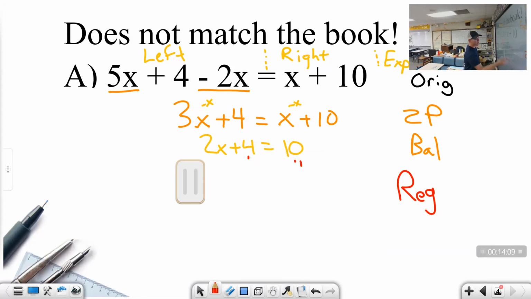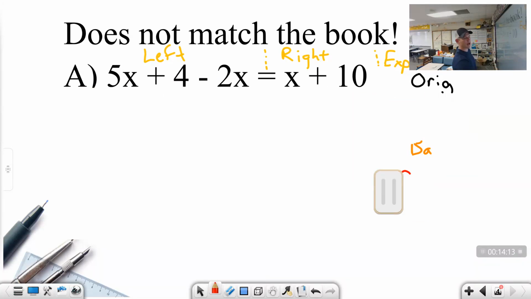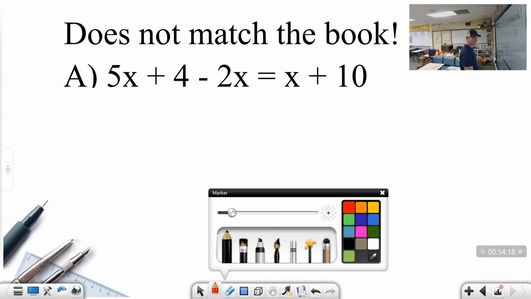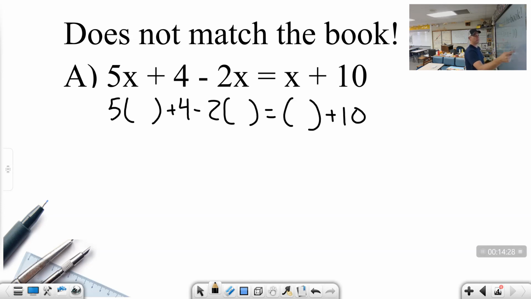Okay? Now you may have noticed in this problem that I had the check written on the board. To check your answer, 5x plus 4 minus 2x equals x plus 10. Students ask me, Mr. McCoy, is this right?